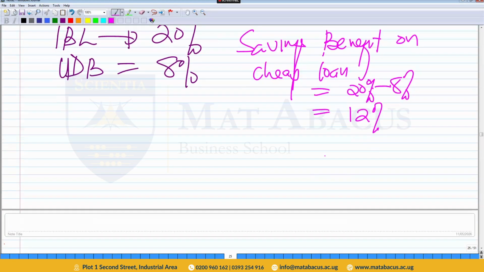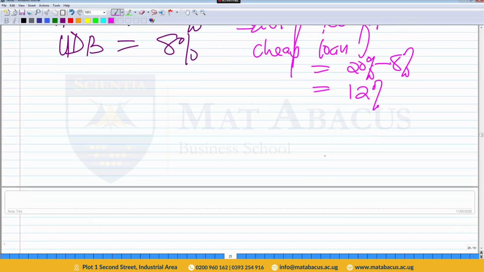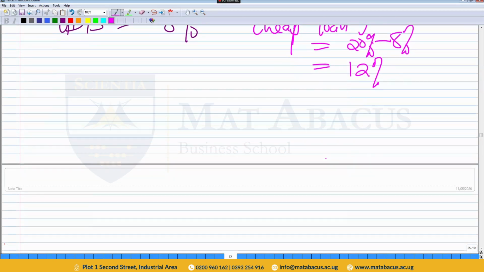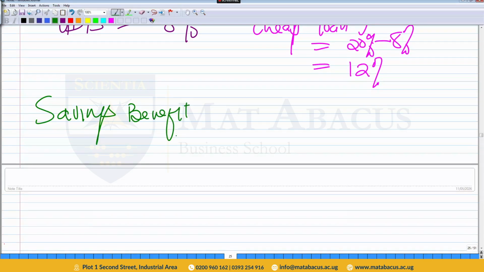Therefore, if you write savings benefit, it means it's going to be the loan you got from the UDB, and the loan from UDB was 1625.